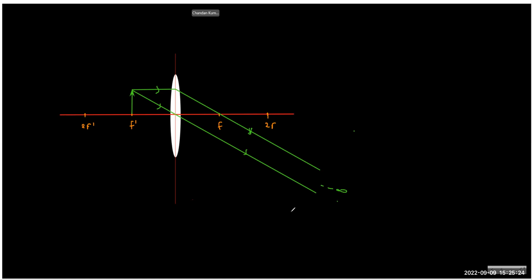Infinity means it will be meeting quite far away. If the focal length is 10 centimeters and it is meeting at 200 centimeters, it is infinity only. Understood?